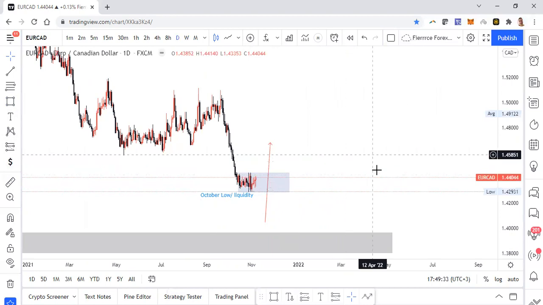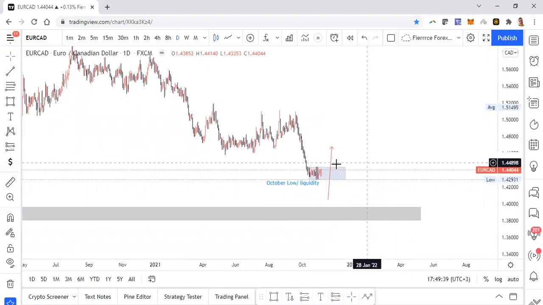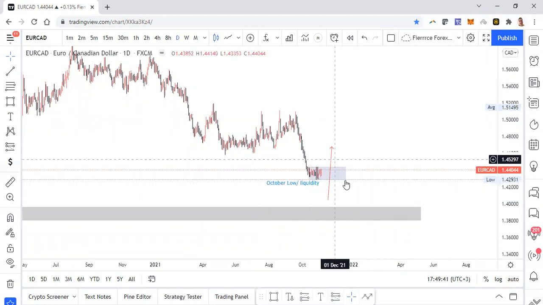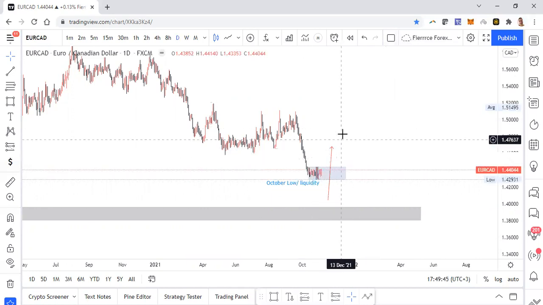This may continue for a while, unless things change fundamentally and something happens and we break out of structure. So right now we're just in this range, but I'm anticipating at some point we may push up and then drop. That would be my move.